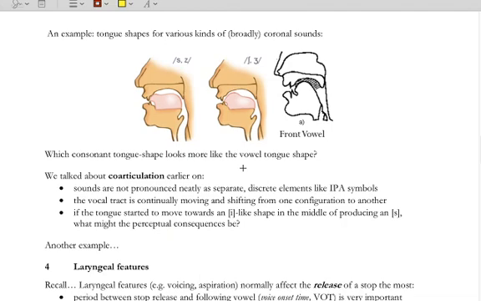Right? So just by looking at these articulatory records, you might be able to infer that this kind of consonant would be more consistent with this vowel than this kind of consonant is.